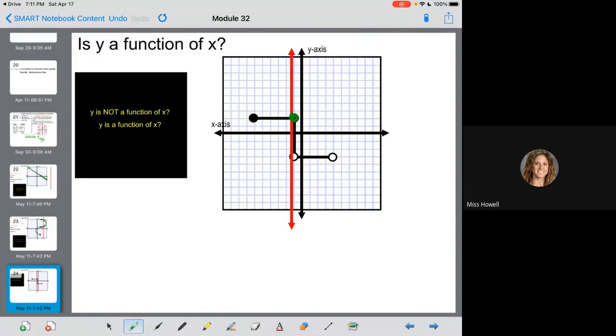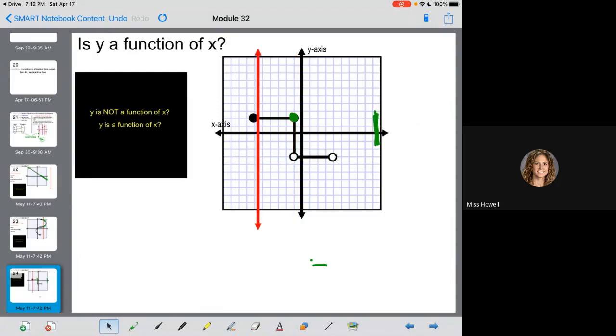So right here through here are all places of the graph. And so this vertical line is hitting that graph in all those locations at the same time in one continuous vertical line.